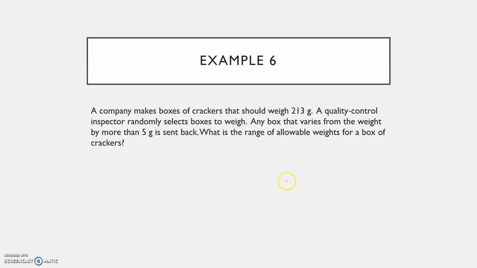What we know when writing our inequality is that whatever the weight of the box is minus 213, the difference between the weight and what the weight is supposed to be, has to be less than or equal to 5. That's the most it could be. It can be 5 more or 5 less, and because it can be on either side, it's an absolute value. And then we start to solve.